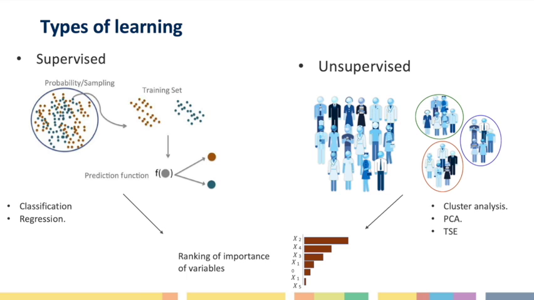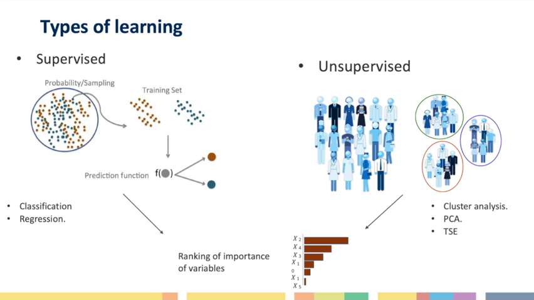If that would be a numerical variable, then we would be talking about a regression model. And what we would do here would be a prediction of numeric values in order to have it as close as possible to the value of the variable in the database, the one that we're interested in.